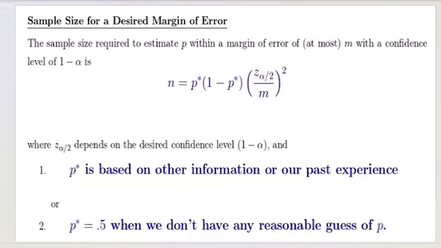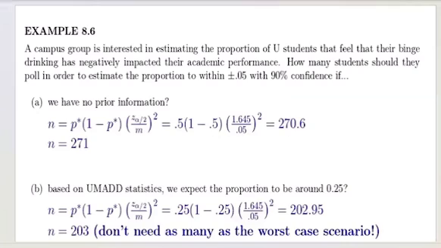Now, let's say for this, we want to conduct a study. When P is available, the sample size that you need will be smaller than when P is not available.